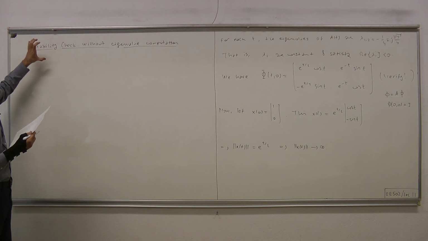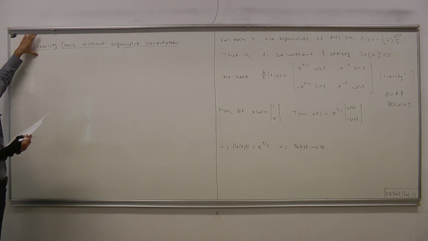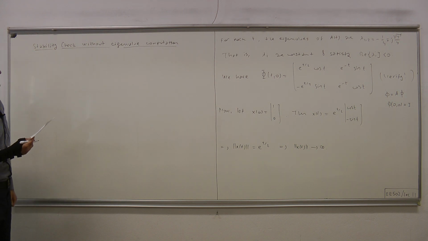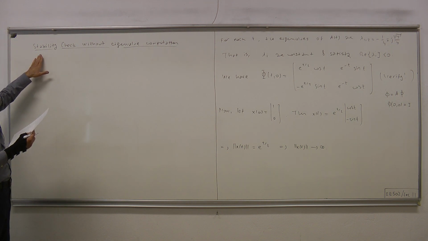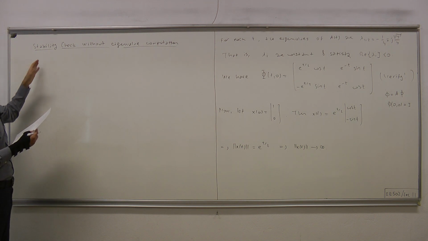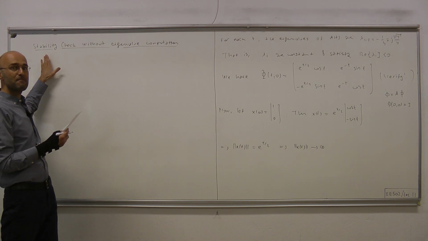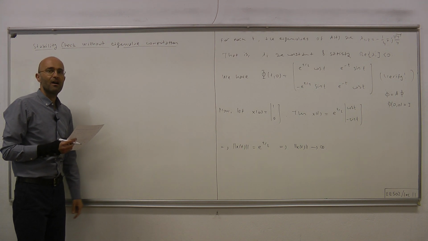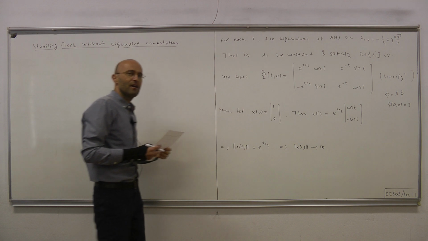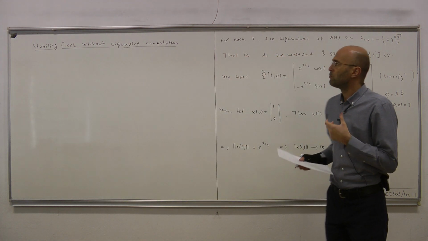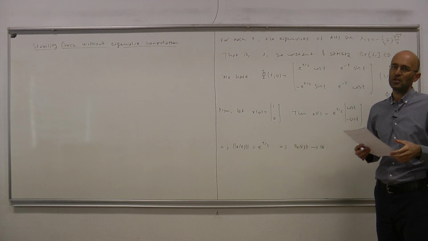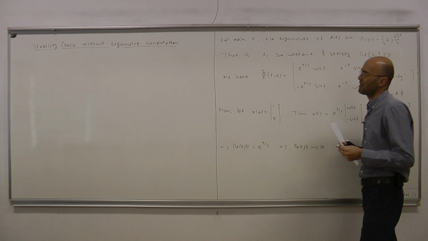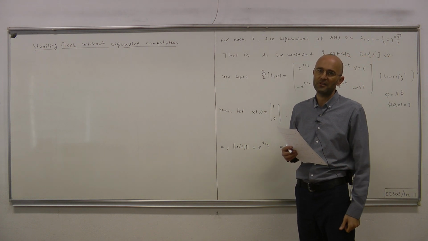Now, before we start discussing this subject, let's think a little bit about why one would need to check stability without looking at the eigenvalues, because we know that the eigenvalues provide a complete characterization of the stability properties of an LTI system x dot equals Ax.